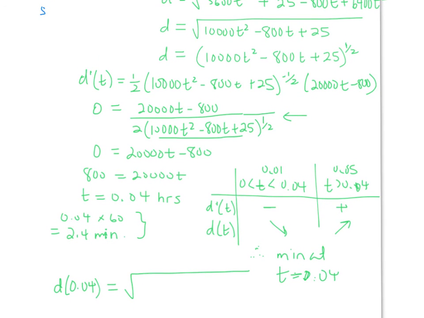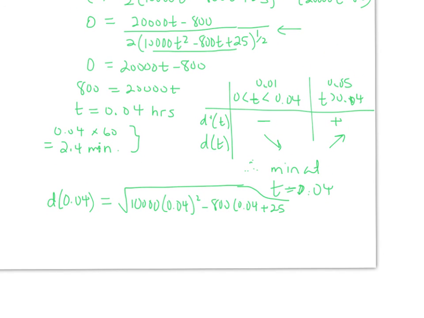The square root of 10,000 times 0.04 squared. So I'm just putting that into my original d at t equation here. Minus 800 times 0.04 and then plus 25. Kind of running out of room there. And then you calculate that.